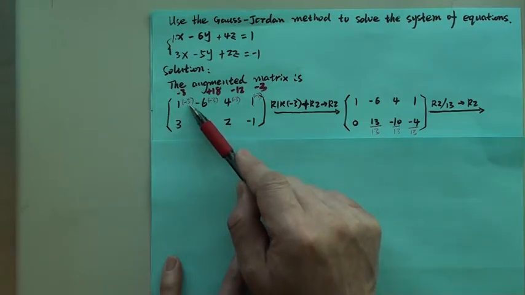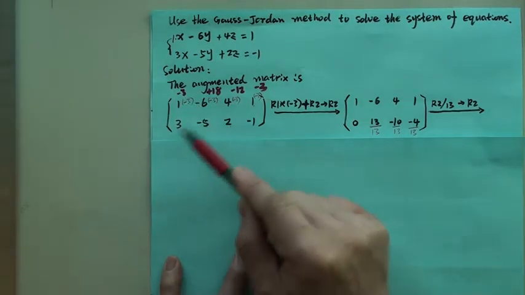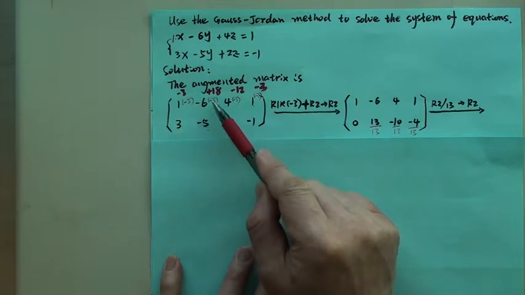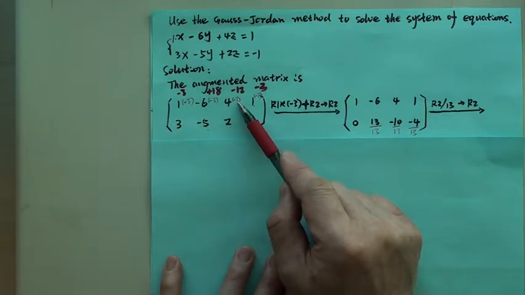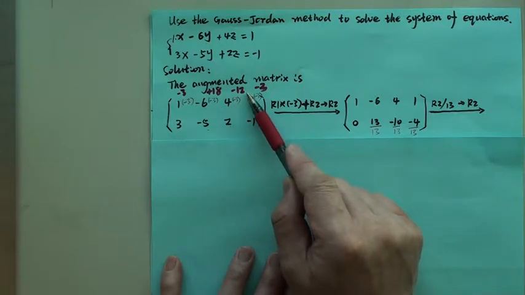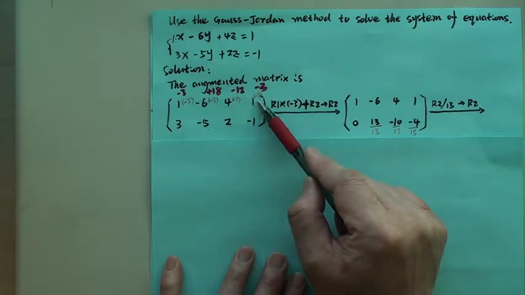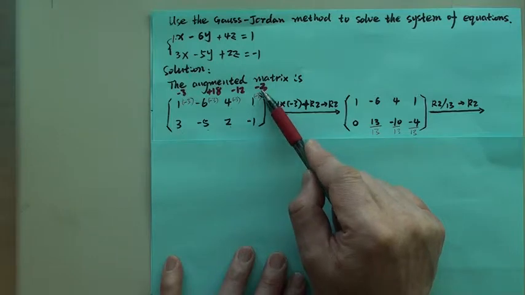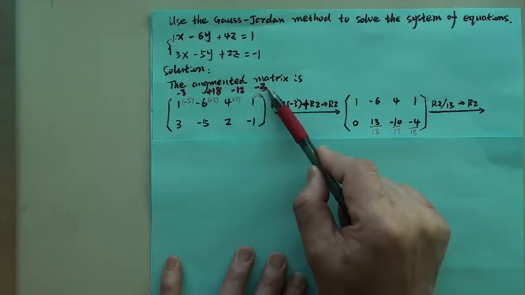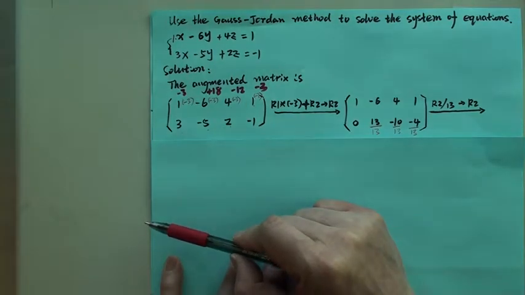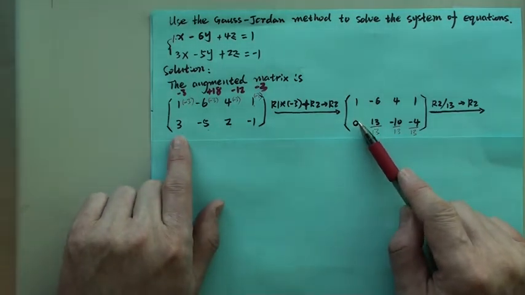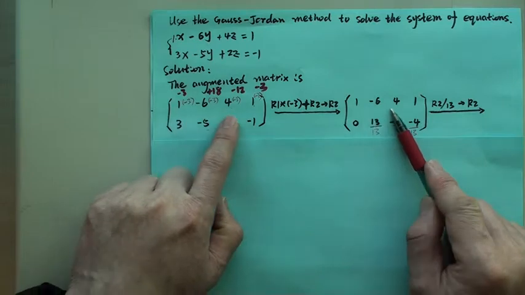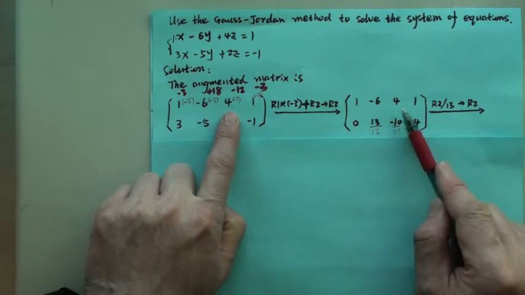So 1 times negative 3 is negative 3, negative 6 times negative 3 is positive 18, negative 3 times 4 is negative 12, and 1 times negative 3 is negative 3. Then you add to the second row, and you see the first row is not changed: 1, negative 6, 4, 1.